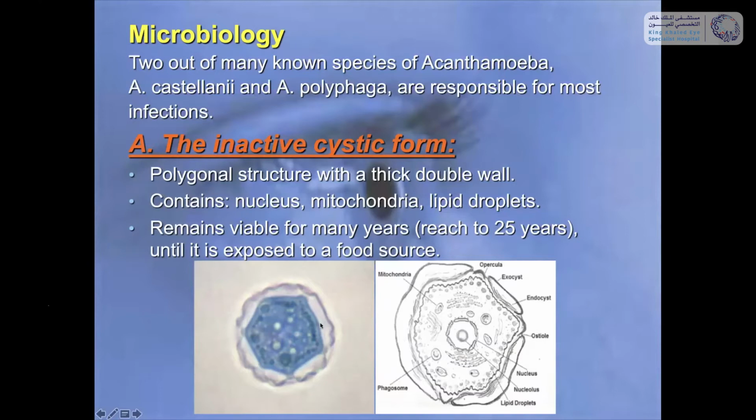It contains a nucleus, mitochondria, and lipid droplets. These cysts are usually resistant to many environmental conditions, so they might remain viable for many years. It can reach 25 years until it is exposed to a food source.